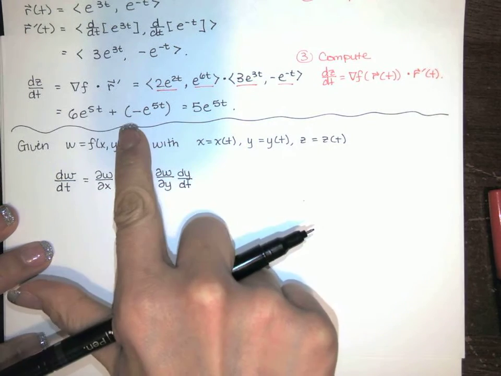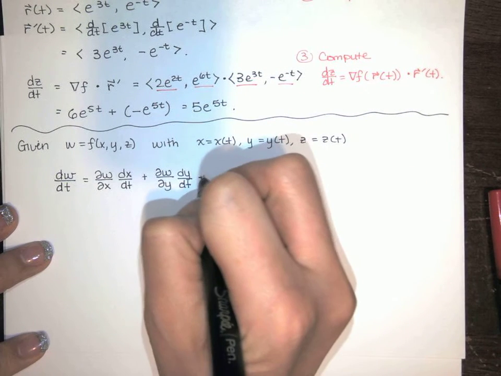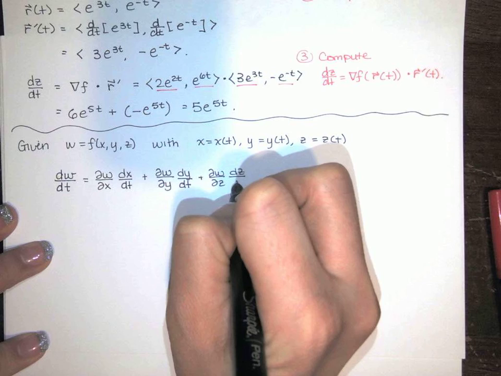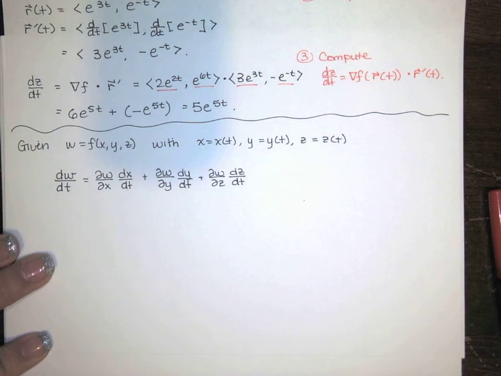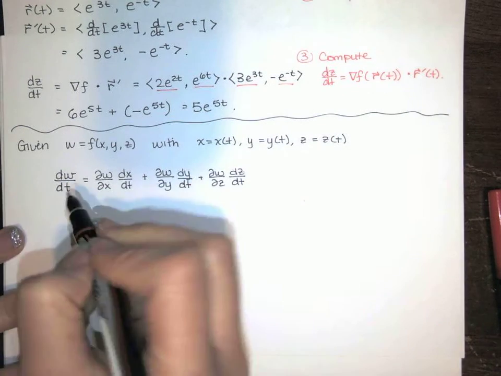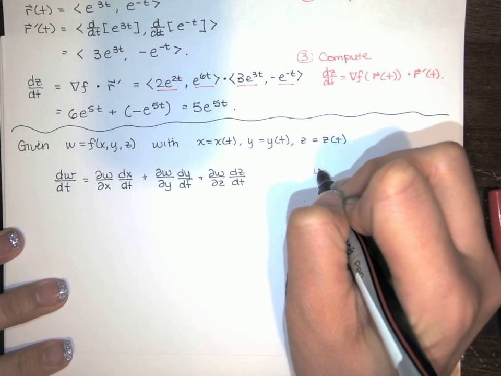And if this was a function of two variables, we would stop there. But there's also a z, so we take the partial of w with respect to z and multiply by dz dt. And of course we want all of these written in terms of t, because we want the derivative of w with respect to t to be a function of t only.